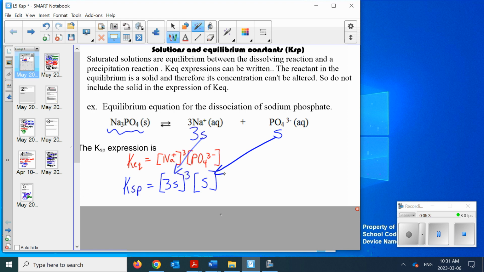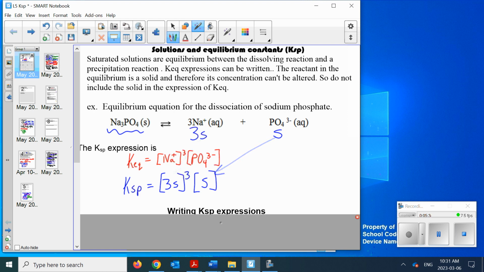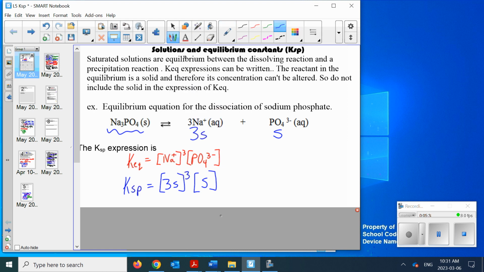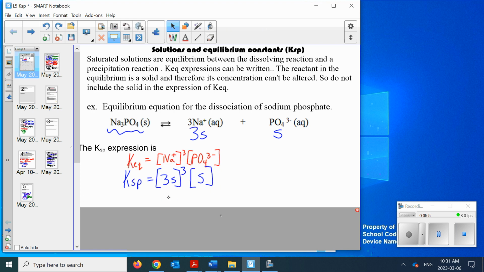Now a little bit of algebra. Let's scooch this up, just making more space.